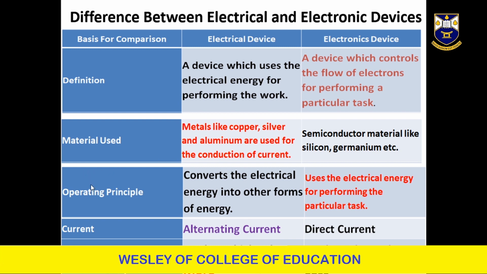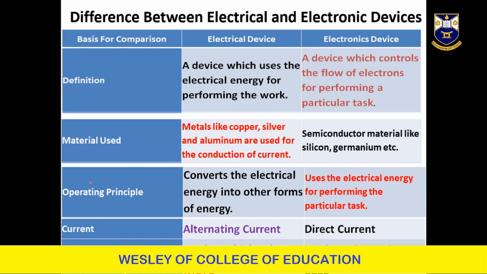In terms of current usage, electrical devices use alternating current and electronic devices use direct current. And so electrical devices may need electricity from Akosombo direct, but electronic devices may use direct current like batteries and so on and so forth.